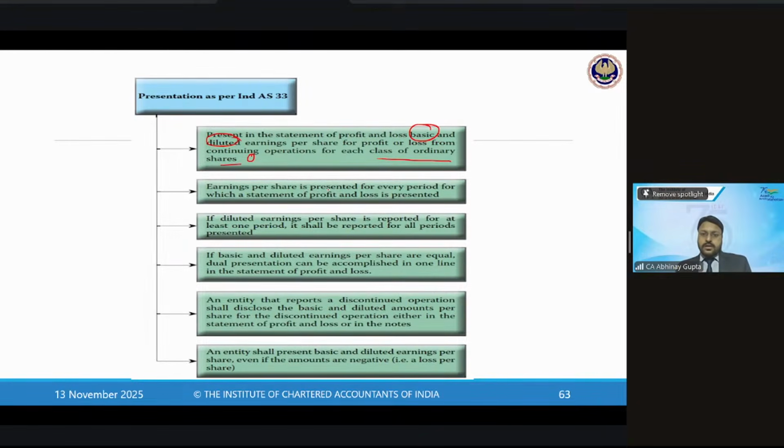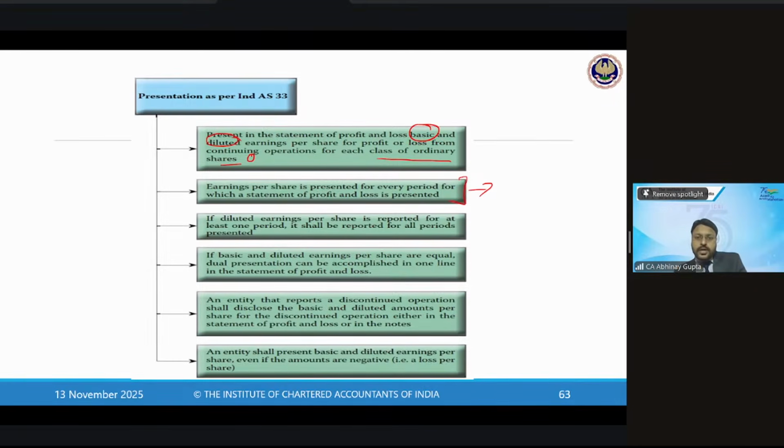Then earning per share is presented for every period for which the statement of profit or loss is presented, right? So if the P&L is prepared for the half year, EPS would be for the half year. If the P&L is prepared for 9 months, EPS would be for 9 months. If the P&L is prepared for 3 months, then EPS would be for 3 months.